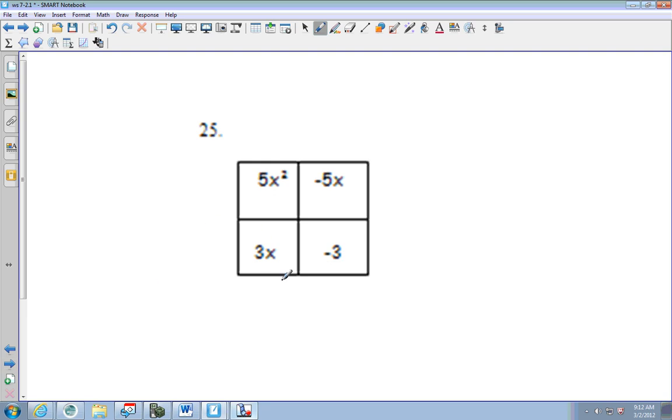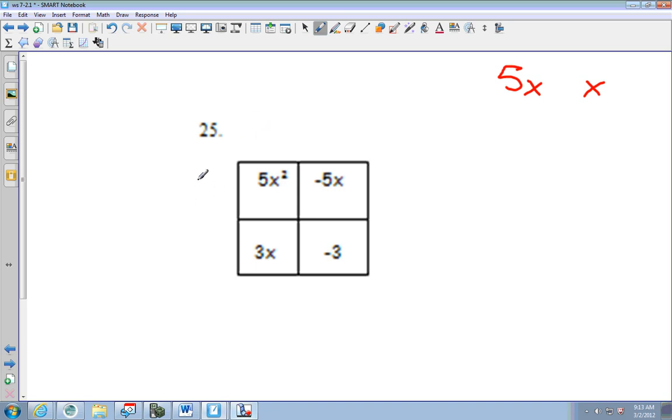Do this next one. Now this one's not as clear cut because it doesn't give us anything on the outside. Okay? What do you have to multiply together to get 5x squared? It's got to be 5x and x. Now, the problem is you're going to have to figure out, does the 5x go here or does the 5x go here?